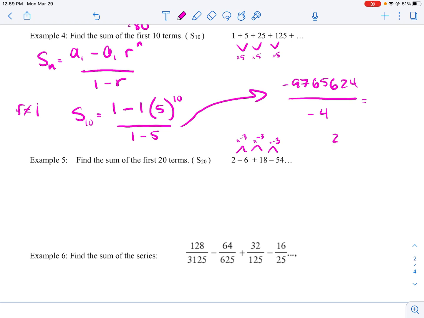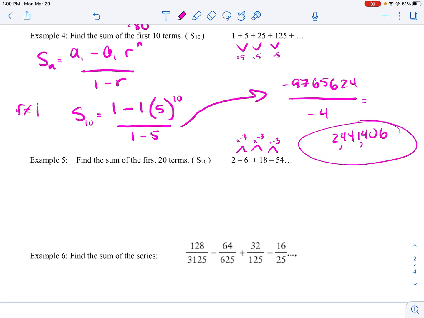And we get, drum roll please, 2,441,406. And that is the sum of the first 10 terms of that geometric series.